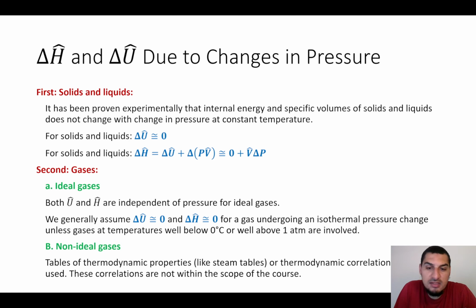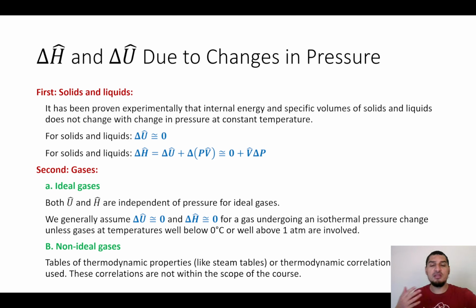For non-ideal gases, this is going to be a very complicated thing, either to go for steam tables if we have steam, or we can find some correlations from thermodynamics that we can use. But again, this is going to be out of the scope of this course. This is a very thermodynamic thing, so we are not going to be interested in this.